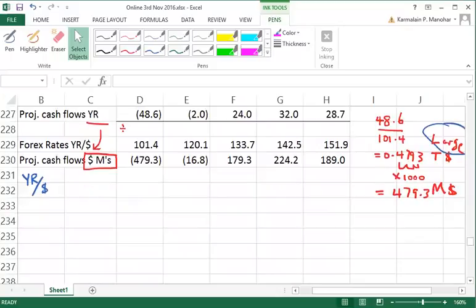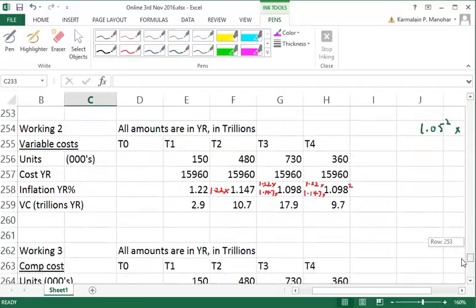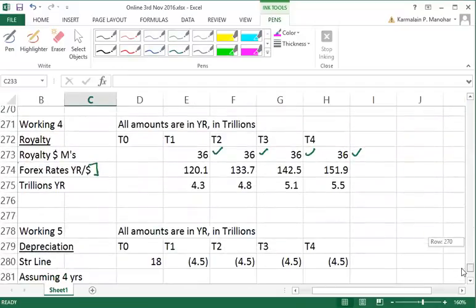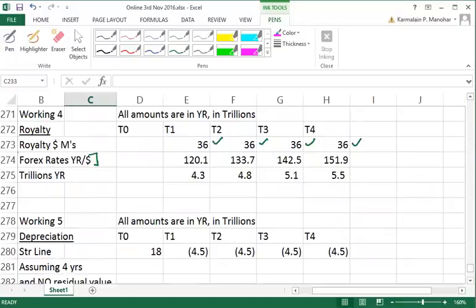So what else do we have? The royalty. So to mention that, let's come back here. The royalty is being paid to M-money.